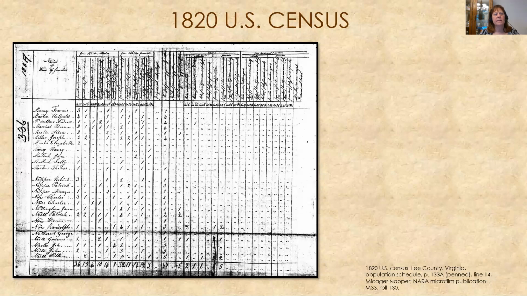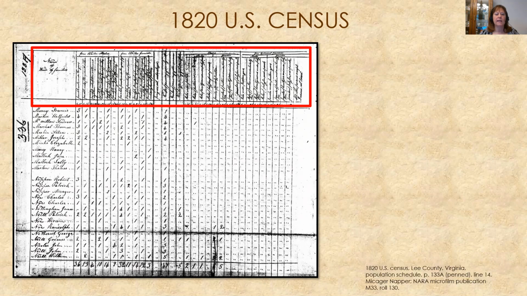As in the past, there were no standard forms used by the assistant marshals as they visited the households to conduct the census of 1820. Sometimes the headings were included on each sheet, and sometimes they were not. In this example, they were shown, but they're very difficult to read.